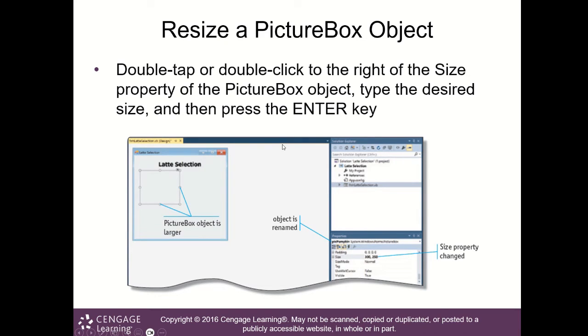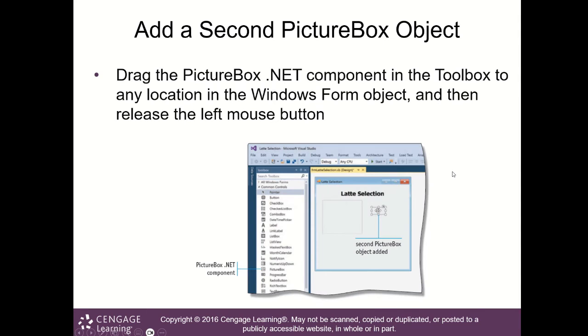So if you want to resize the picture box, you have two options. Number one, change it here under the property type. Number two is to drag those dots. Then we need to add a second picture box, right?